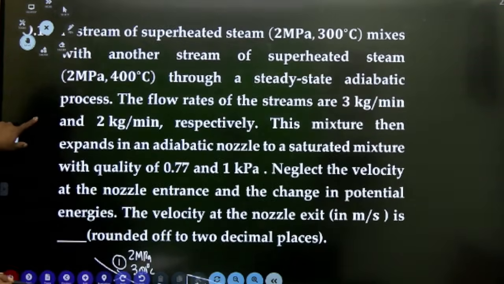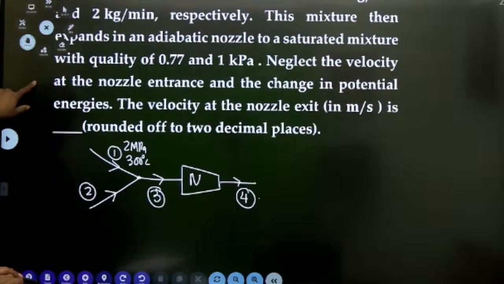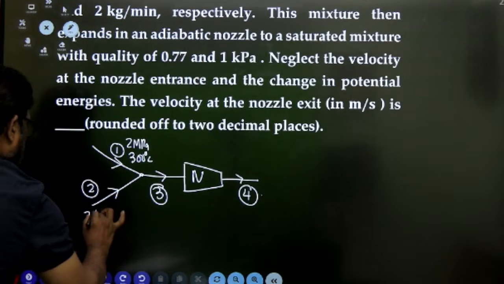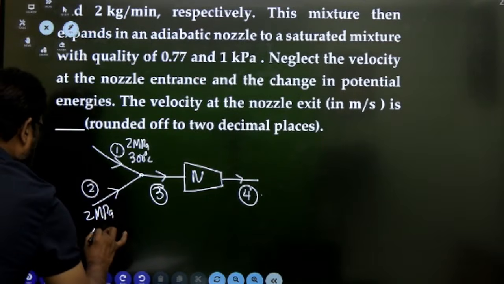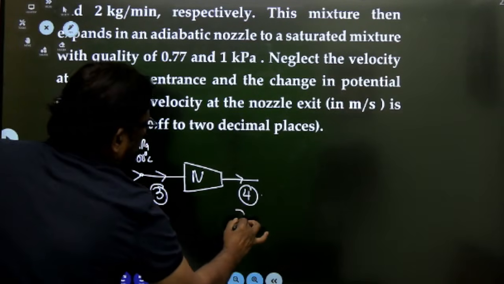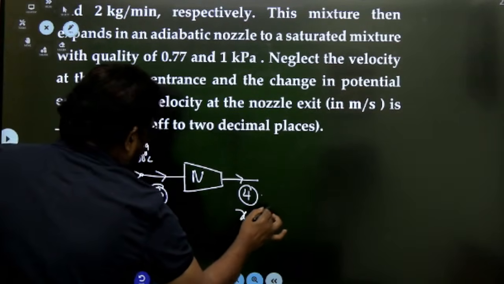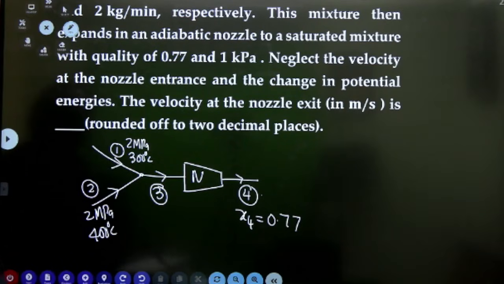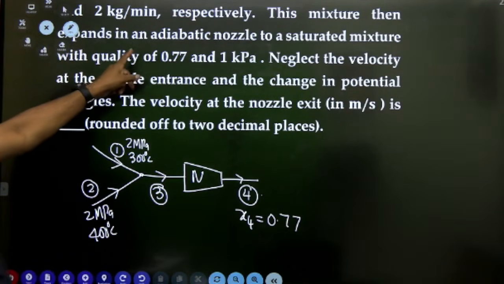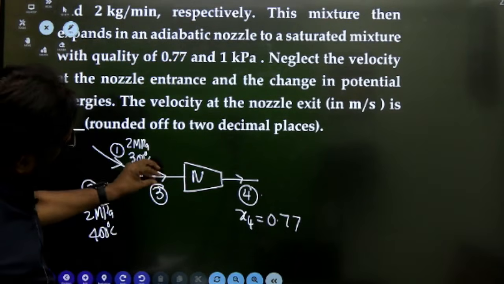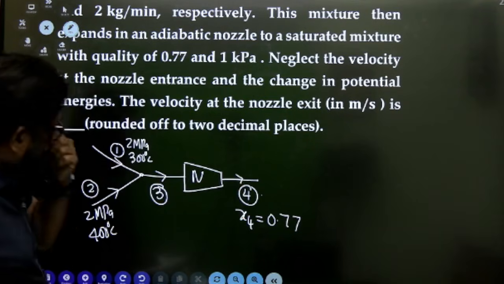The second one is 2 megapascal 400. ठीक है सर, no problem. And the dryness fraction here is given. मतलब exit पे दिया है ना? 0.77 कुछ दिया है. The mixture then expands in the nozzle to a saturated mixture. अच्छा. So मिक्सचर एक्सपेंड होने के बाद ये ड्राइनेस फ्रैक्शन है सर.